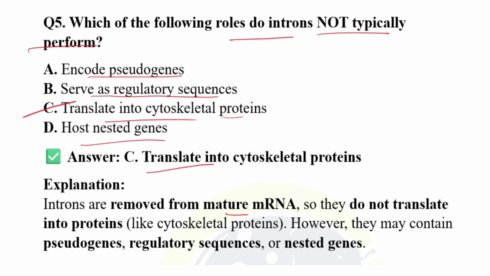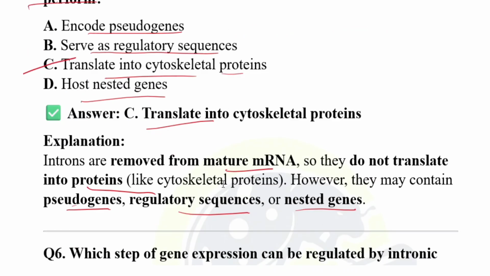Introns are removed from mature mRNA, so they do not translate into protein because we remove them during the splicing process. However, they may contain pseudogenes, regulatory sequences, or nested genes. They cannot synthesize any kind of protein because introns are removed from the mature mRNA. So the right answer is option C.